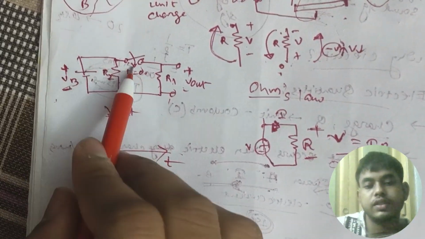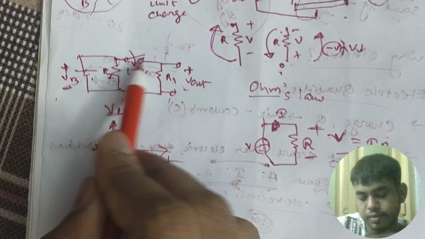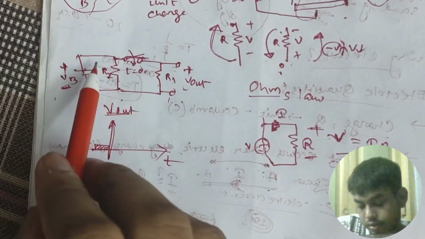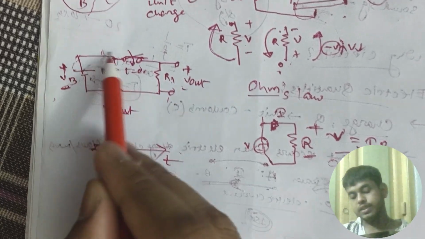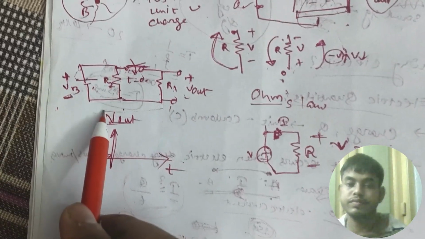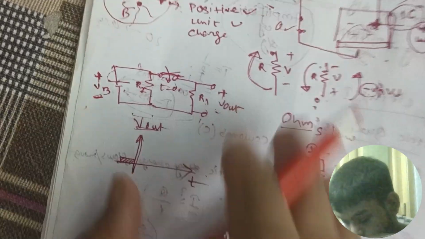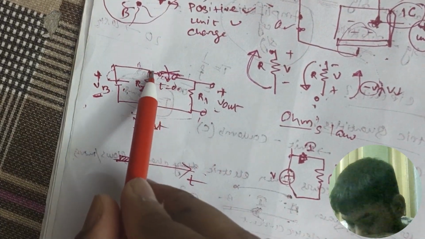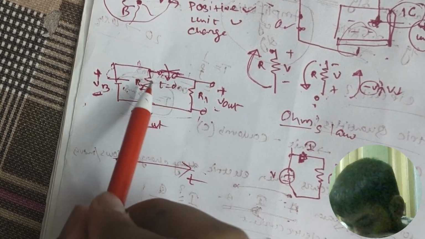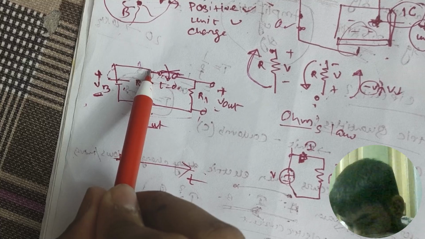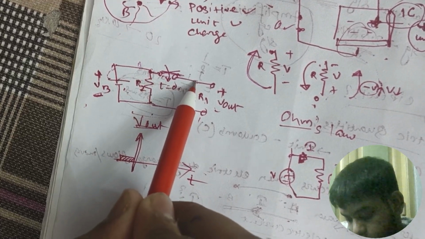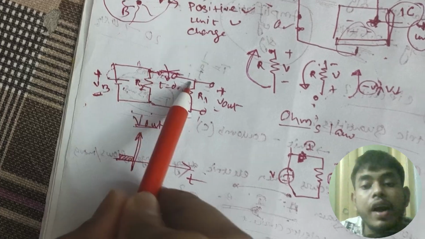When t equals 0, the switch closes. The switch becomes like this, so the current rushes to this also. As we said, the voltage of this point and this point is the same because it is a wire.